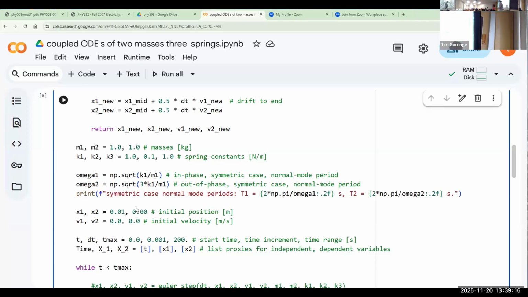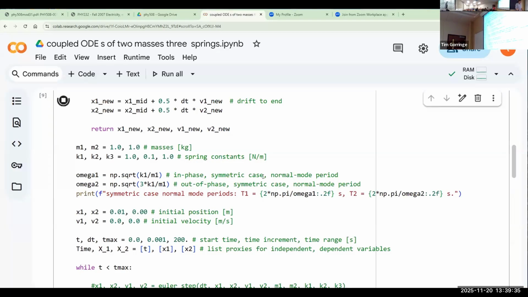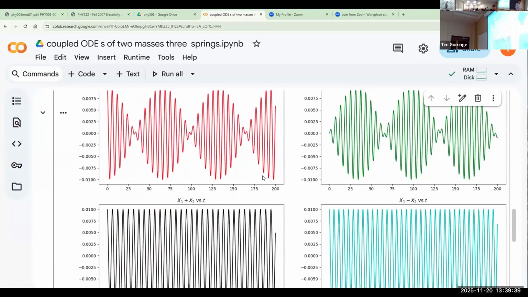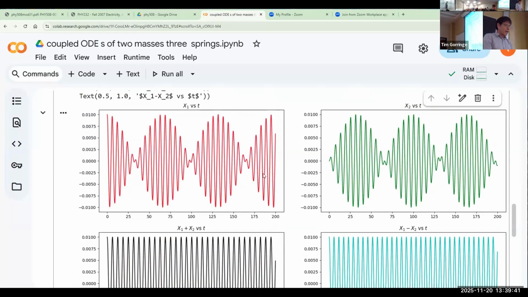So we already tried this situation where the coupling spring is zero, and the spring on the left-hand side just oscillated freely, and the spring on the right, which was uncoupled, didn't move. What about if I introduce a little bit of coupling? We get these interesting plots here.